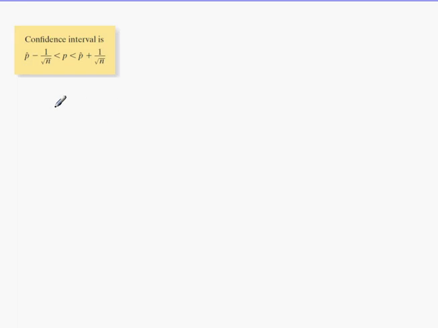They start going on about the sample proportion, delta p, and delta p equals the square root of p times 1 minus p, all divided by the square root of n.